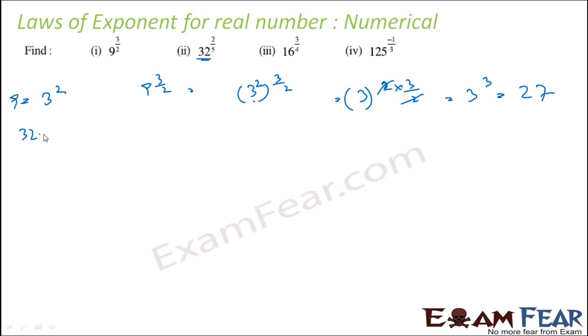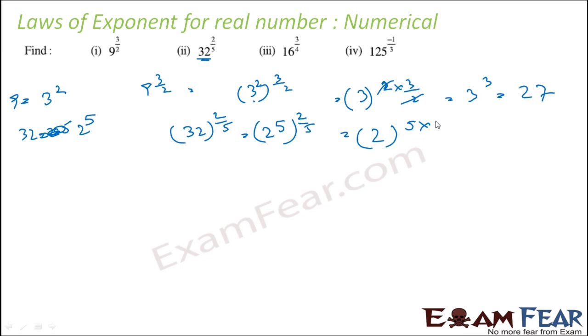Same thing, 32 I can write as 2 to the power 5, just like the last example. So I can write 32 to the power 2 by 5 as 2 to the power 5 to the power 2 by 5. This is nothing but 2 to the power 5 into 2 by 5. This gets cancelled, that is 2 to the power 2, that is 4.